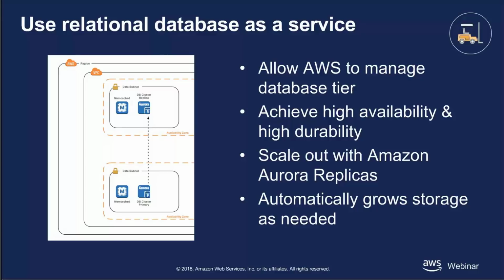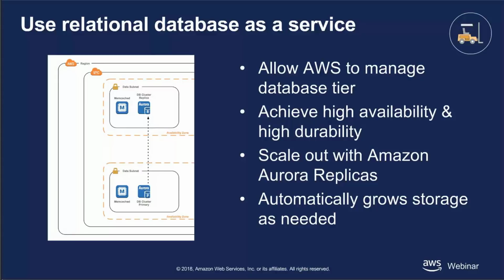So we do recommend leveraging Amazon RDS, or Amazon Relational Database Service, to run your database tier, because this really allows you to offload some of that heavy lifting related to managing a database service, so that you don't have to worry about it.